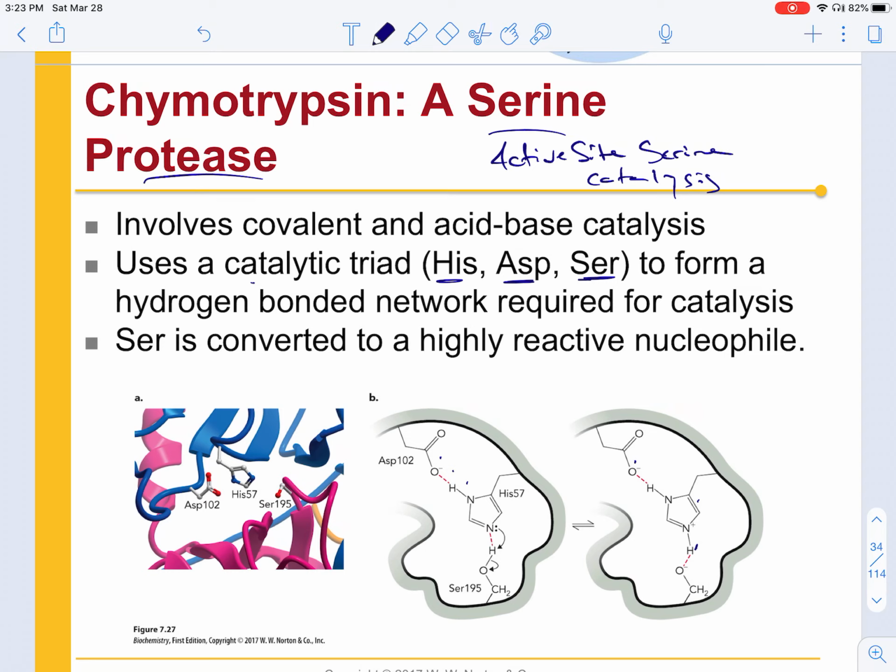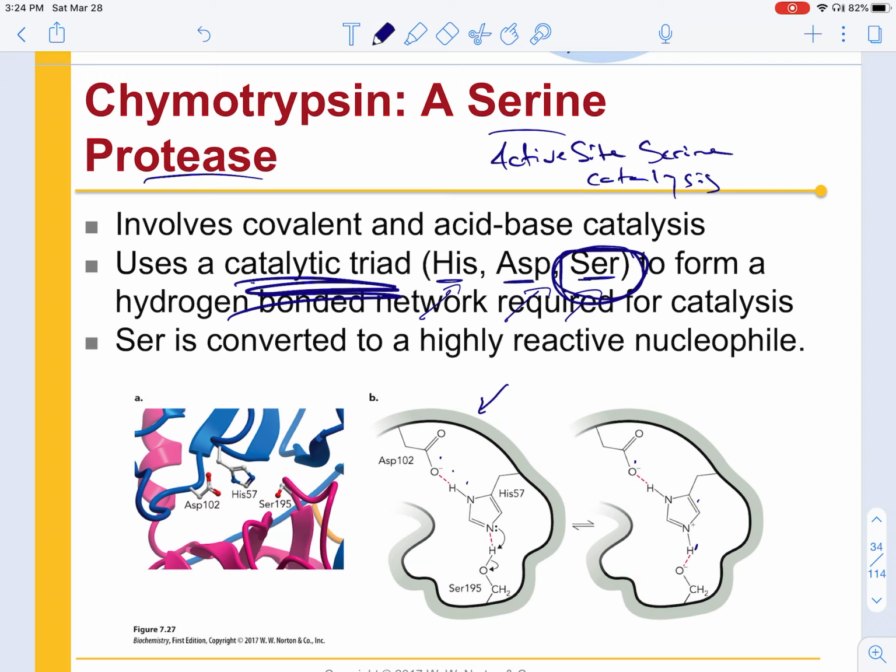Many proteases, chymotrypsin included, use what's called a catalytic triad. In this case, it's histidine, aspartic acid, and serine. This activates the serine to be a very strong nucleophile. If you mutate any one of these in the catalytic triad, you will lose catalytic activity.